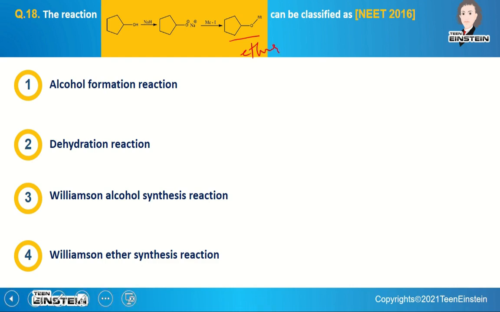The initial reactant is alcohol, in presence of base, so sodium hydroxide is a base. So here we can see the formation of ether takes place by reacting alcohol in the presence of base, followed by alkylation, which is known as Williamson ether synthesis reaction.